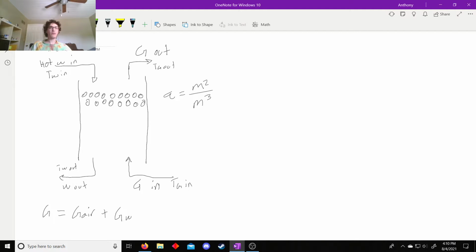Okay. So since this air has water in it, since the gas that's coming in contains water, we have some mole fraction of water, which will be represented by Y. So this is going to be the mole fraction of water in the air.